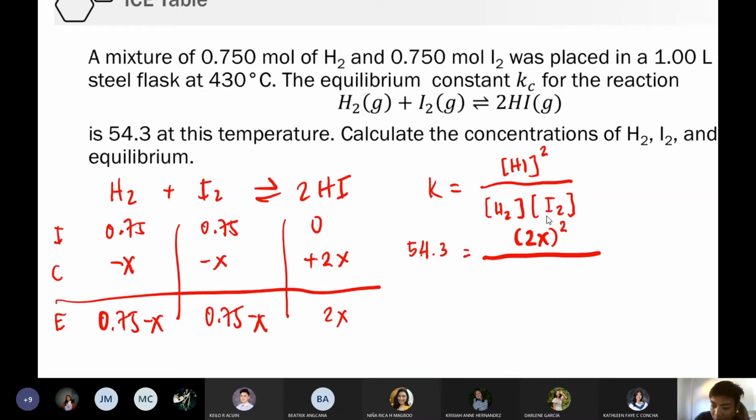For the denominator, we have 0.75 minus x for H2, and for I2, that will also be 0.75 minus x. After plugging in your equilibrium expressions and your equilibrium constant, you can now start solving for the value of x. So let's solve for the value of x.